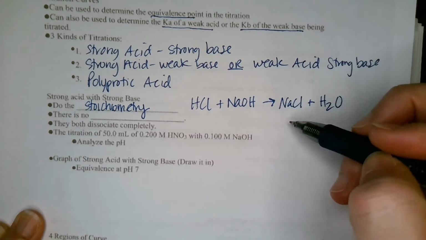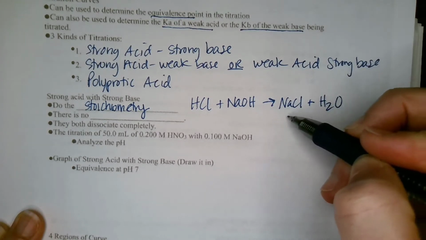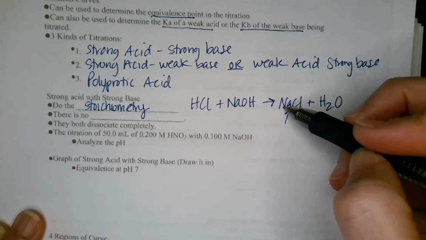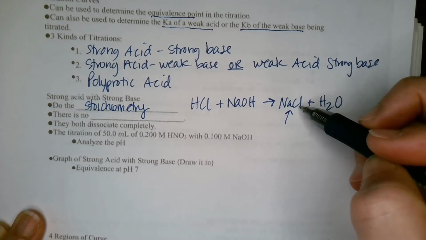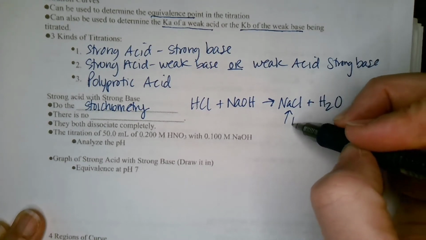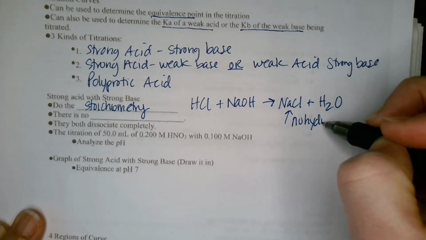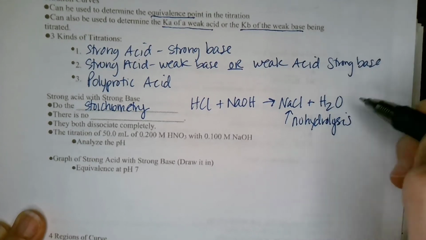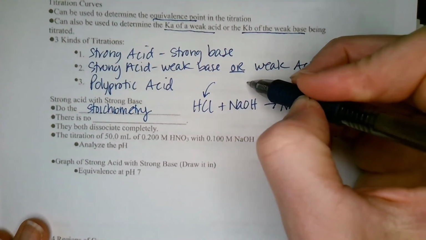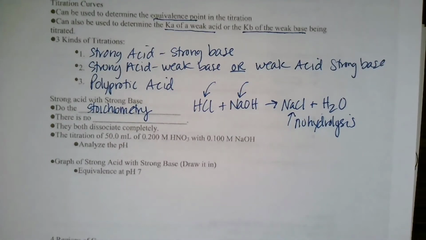So we need to be able to recognize that if we look at the parent of Na and Cl, we would have the sodium hydroxide and hydrochloric acid, and there is no hydrolysis happening here. So we are purely concerned with just looking at HCl and NaOH.